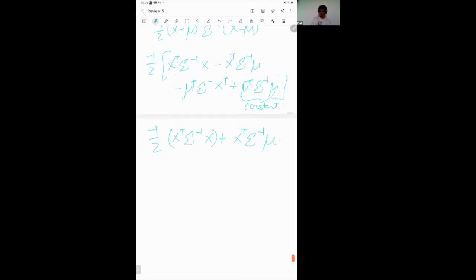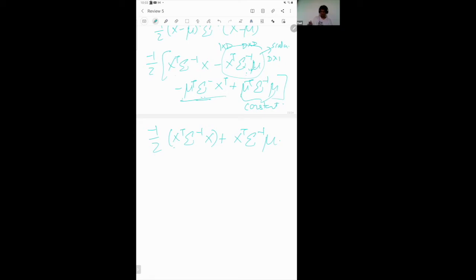If you have seen previously, you should know that this thing evaluates to a scalar value, because sigma inverse is d cross d, nu is d cross 1, and x transpose is 1 cross d. Since it's a scalar, you can take its transpose, and a transpose of a scalar is itself, so these two terms are essentially the same.